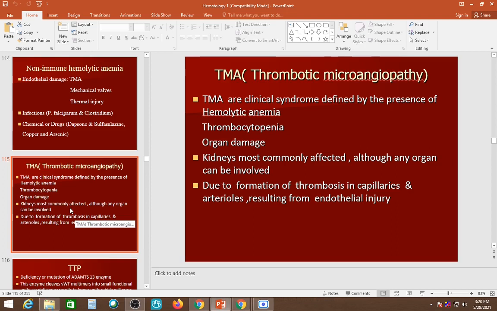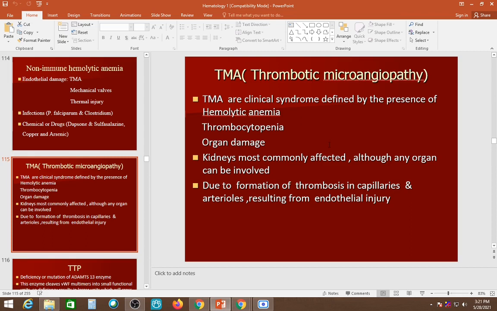They say that thrombotic microangiopathy is a clinical syndrome defined by the presence of three features: hemolytic anemia, thrombocytopenia and organ damage. And among the organ damage, the kidney is the most commonly affected, although any organ can be involved.